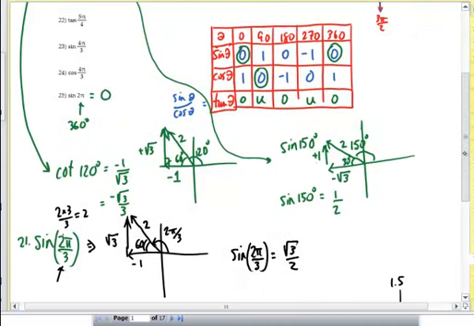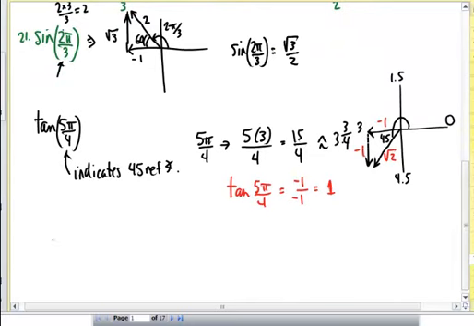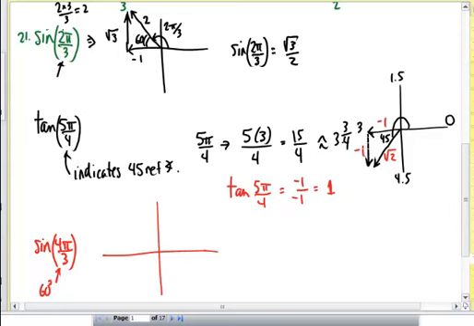Looking back, number 23 says the sine of 4π/3. Again, we draw a reference angle. We've got a 60-degree reference angle.